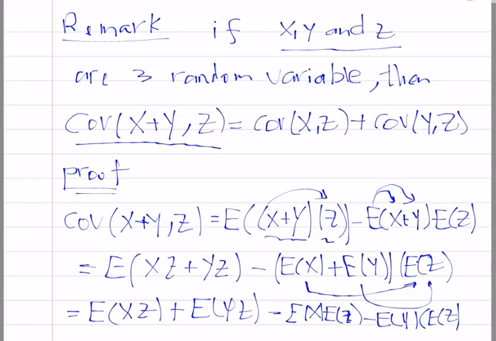Now we have expectation of xz, and we have the expectation of x times expectation of z, and we have expectation of yz, and we have minus expectation of y times expectation of z. So we just need to rearrange them as follows.